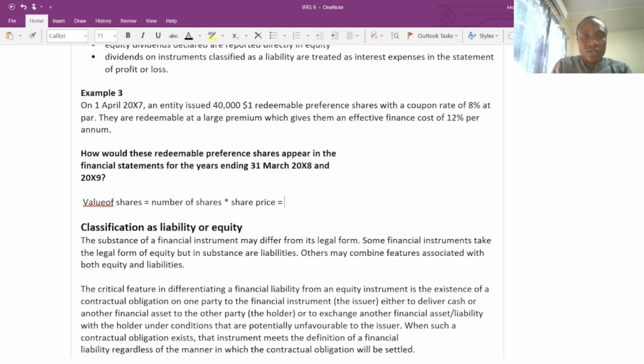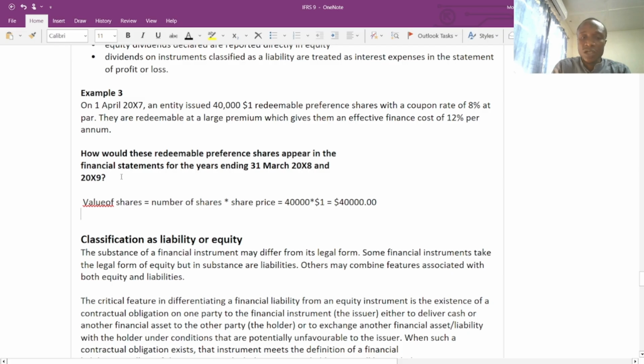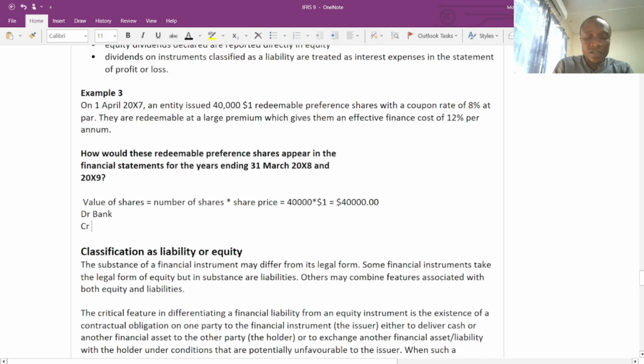So it will be 40,000 multiplied by the share price of $1, so $40,000 is the value of the shares. Now, what we are going to do in this situation, since it is preferential shares, is debit bank and credit liability.